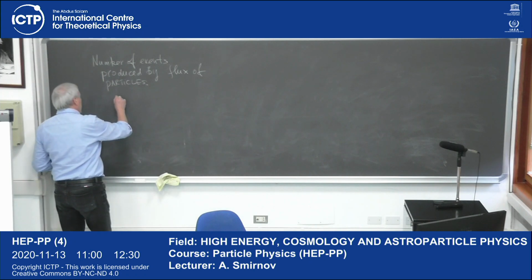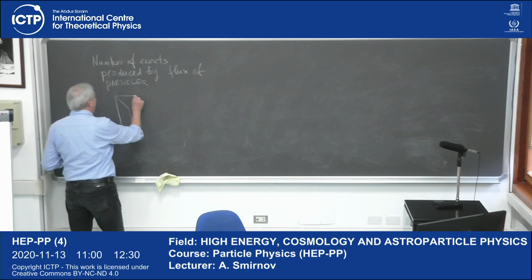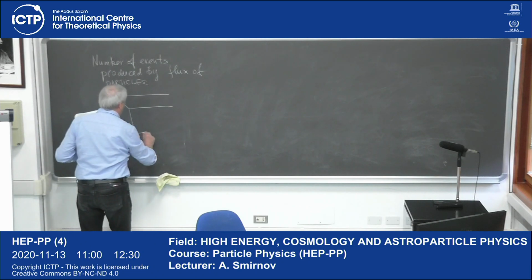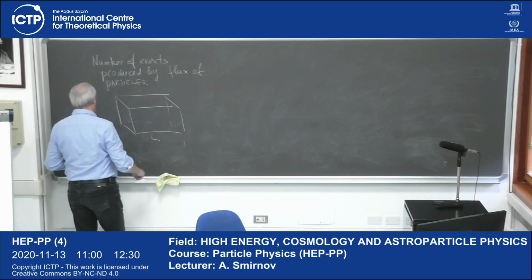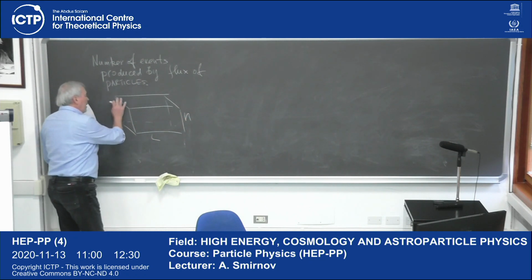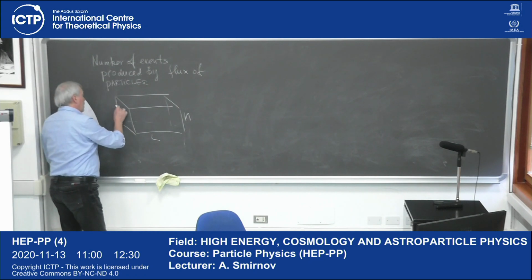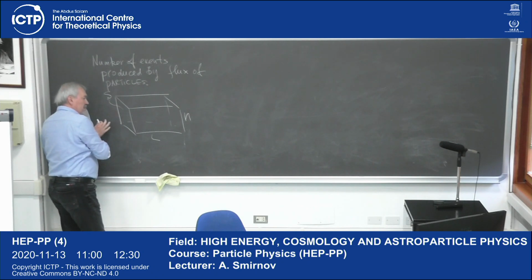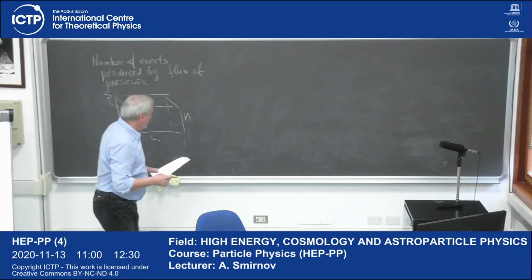Now we have the following setup. Again, we have the detector, with the length L, number density of particles n, and the area, which is also important when you compute the number of events, of your detector S. So it's the area of this face of your detector, the front area of your detector.